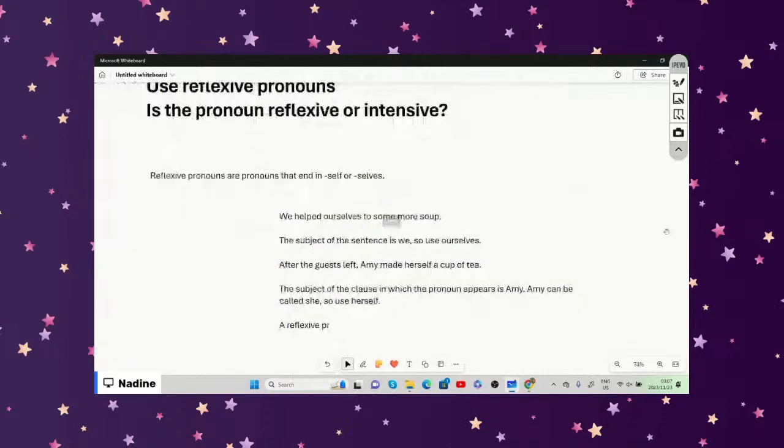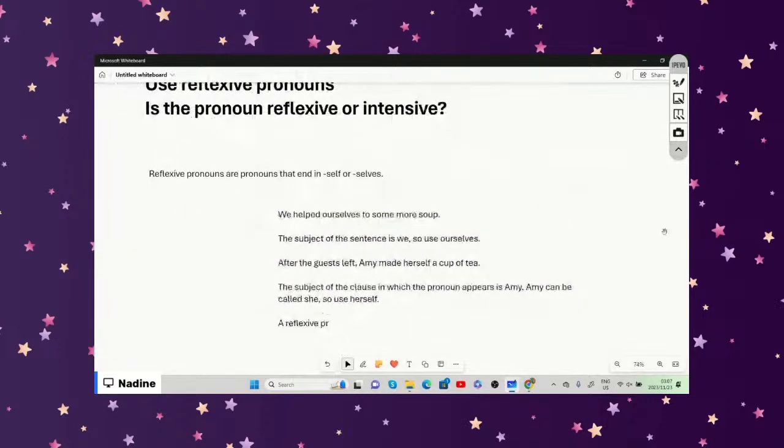Reflexive pronouns are pronouns that end either in self or in selves.